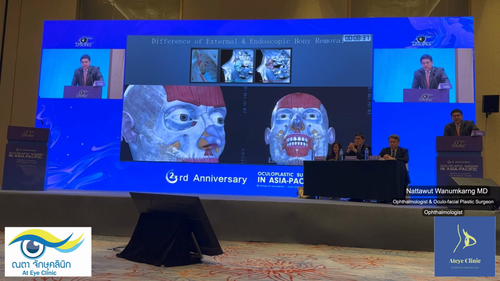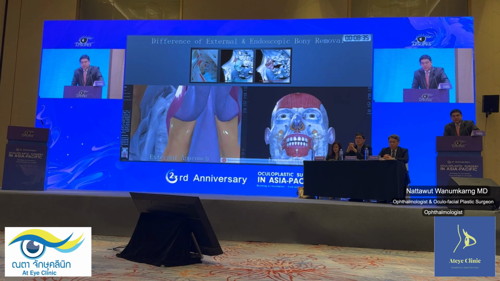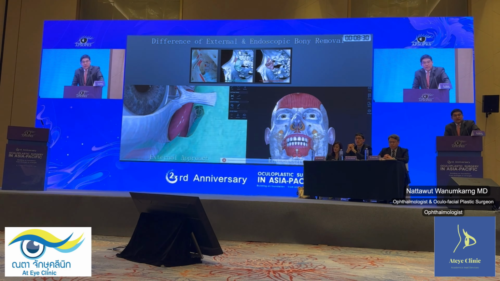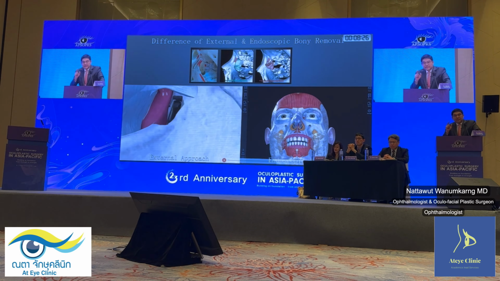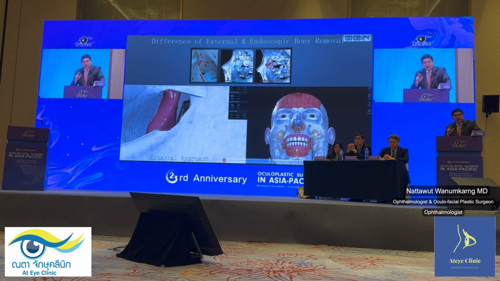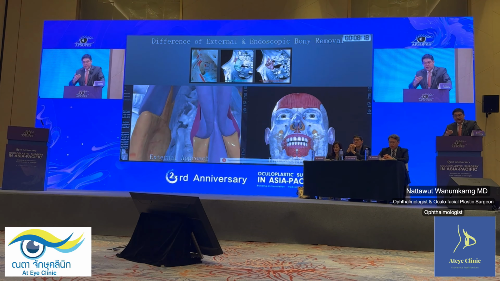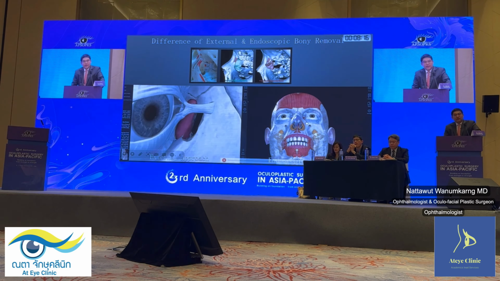If you take a look at the first video, you can see the external approach for the external DCR. The surgeon can approach transcutaneously, and the bone could be removed. But one difference is that the bone underneath the medial canthal ligament could not be removed efficiently by the external DCR because it is blocked by the medial canthal ligament.